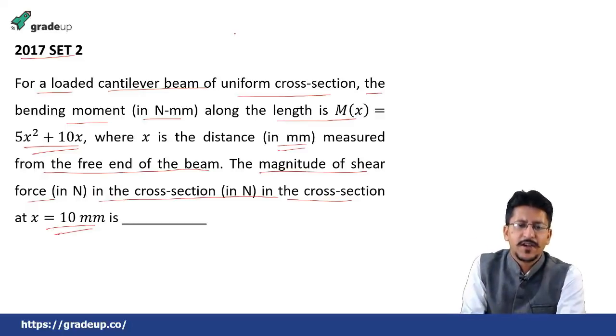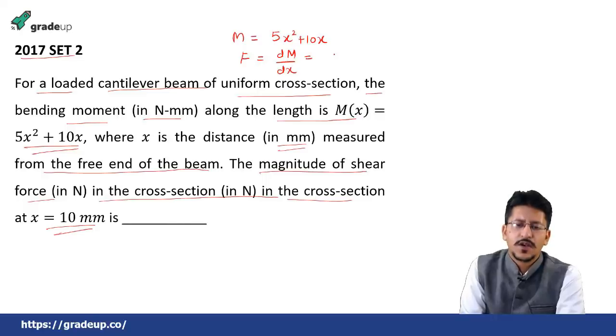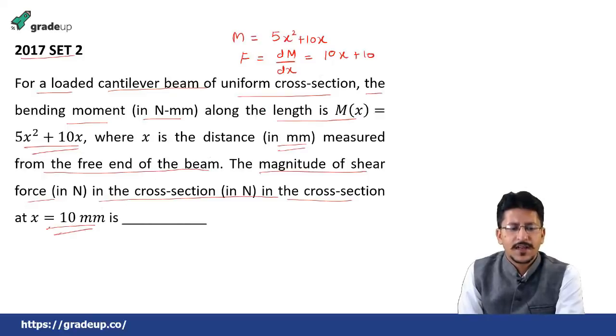The M distribution has been given to you as 5x square plus 10x. Then the shear force F is equal to dM by dx, which is equal to 10x plus 10. It is asking the value of shear force at x equal to 10.